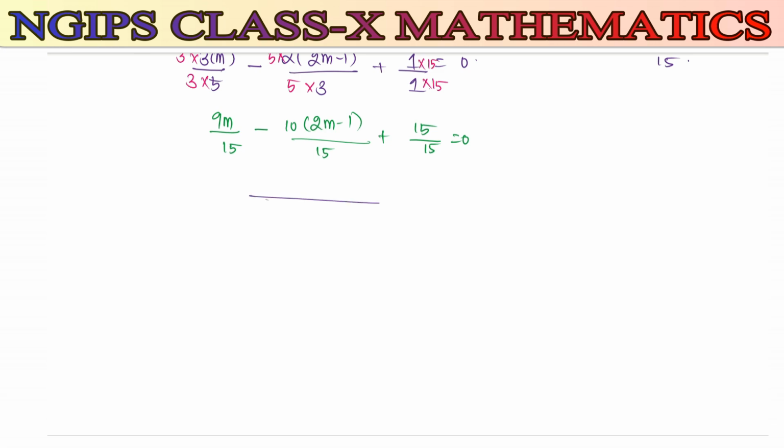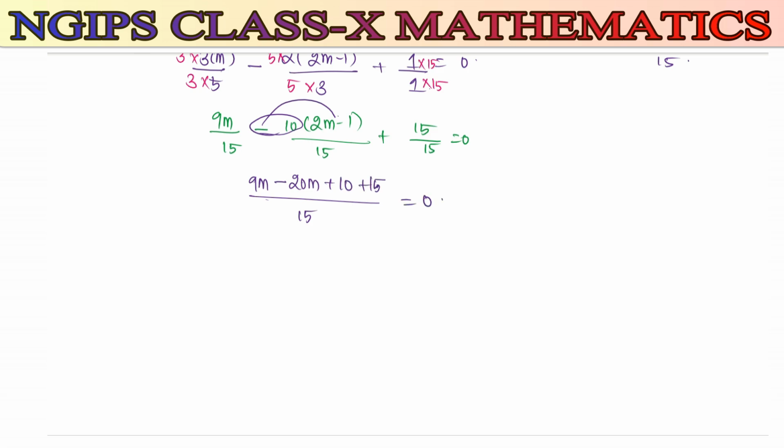I am going to write it only once: 9 into m it is 9m minus. This minus 10 is common for both the terms inside the bracket. So I multiply minus 10 into 2m, it is 20m, minus into minus will become plus, 10 into 1 it is 10, plus 15 is equal to 0.